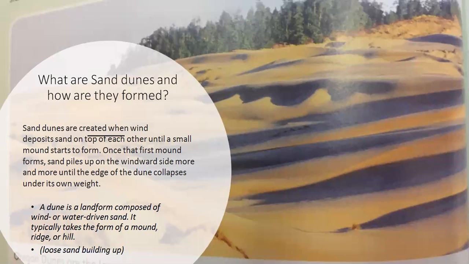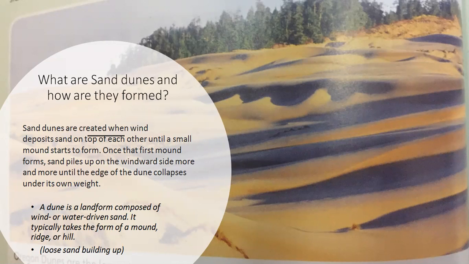First we should understand what sand dunes mean and how they are formed. Sand dunes are created when wind deposits sand on top of each other until a small mound starts to form. Once that first mound forms, sand piles up on the windward side more and more until the edge of the dune collapses under its own weight.